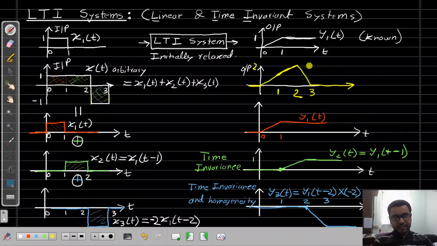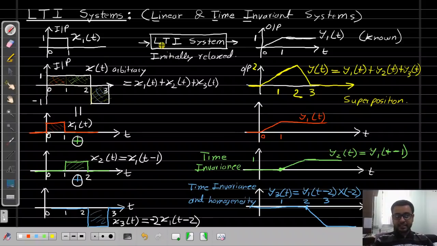So this is the total output y(t) corresponding to this arbitrary input x(t), which is the sum of y1(t) plus y2(t) plus y3(t). And this is true by virtue of this superposition principle.